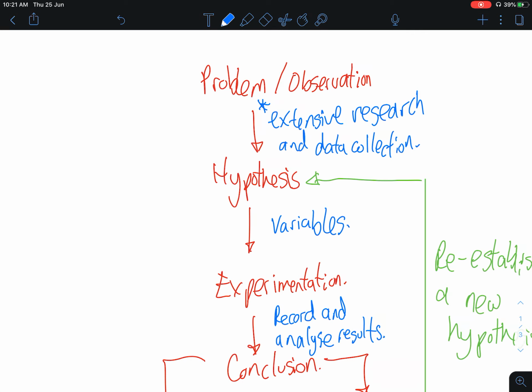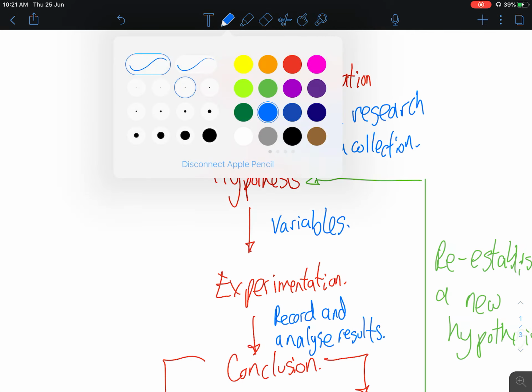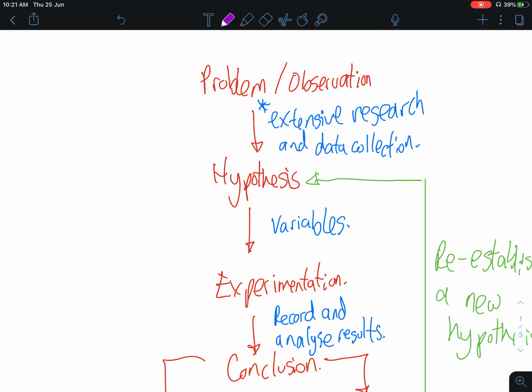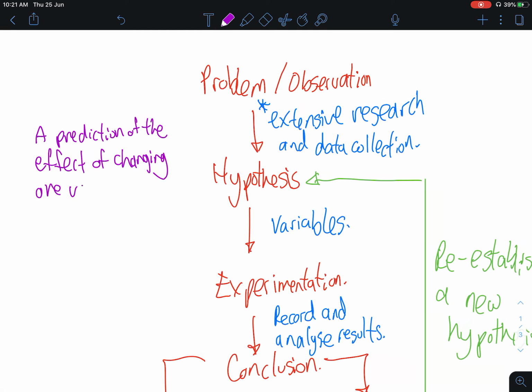So what is then this hypothesis? The hypothesis is generally a prediction of the effect of changing one variable with another. So let's say the one about the UV light.